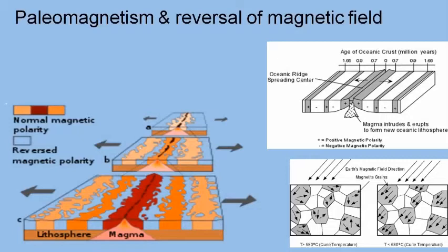The geophysicists studied the various piles of lava, and by studying them they saw that this imprint was the imprint of the magnetic north and south. Now see this picture over here. As new magma is coming up, the grains are getting imprinted accordingly.